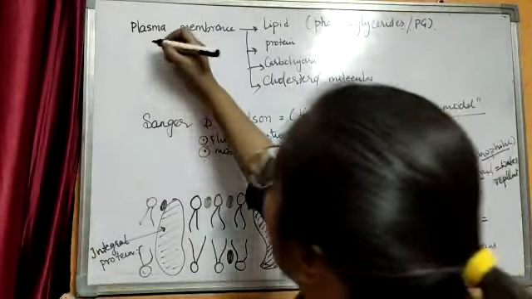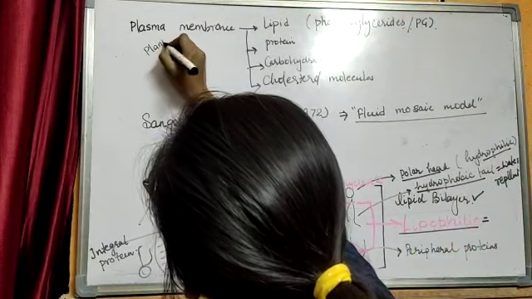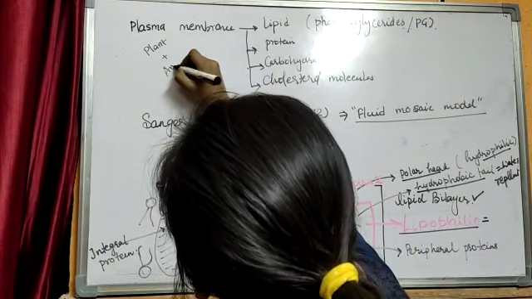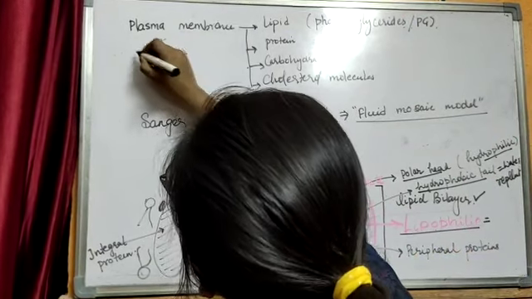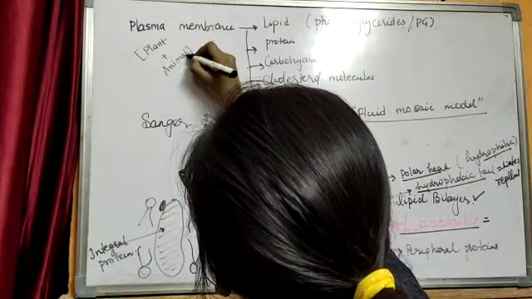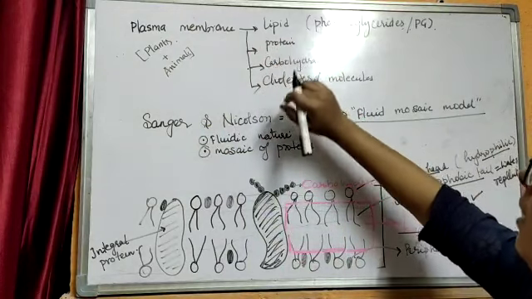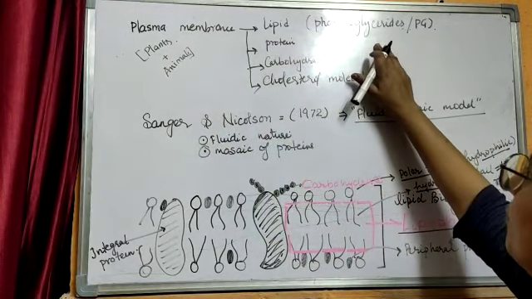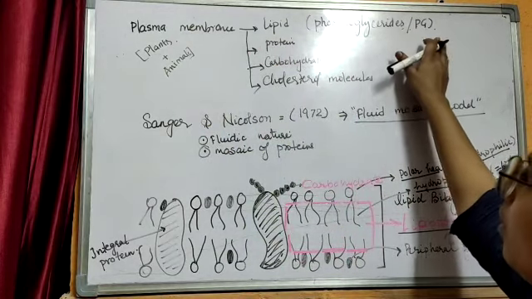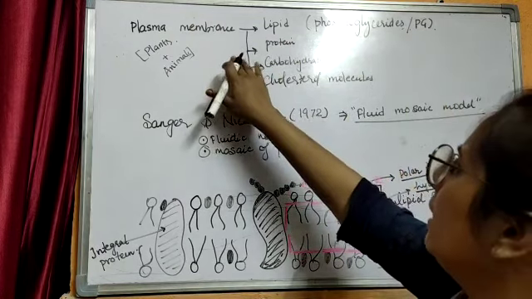Now, the plasma membranes of plants and animals have a similar structure. It has an outer lipid layer that has phosphoglycerides, or PG. Secondly, it has protein.